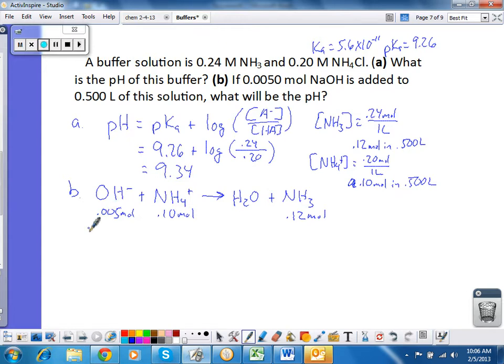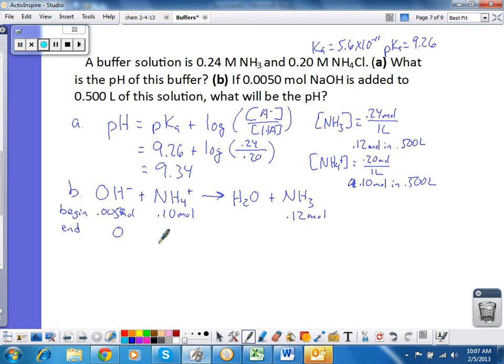So that means at the end of the reaction, over here I'm going to label this my initial, similar to an equilibrium table but not quite. So I begin with 0.0050 moles of this and 0.1 moles of that and 0.12 moles of that. At the end, when I have run my reaction, I'm not going to have any moles of hydroxide because that's my limiting reagent.